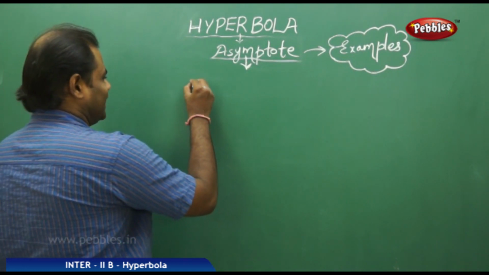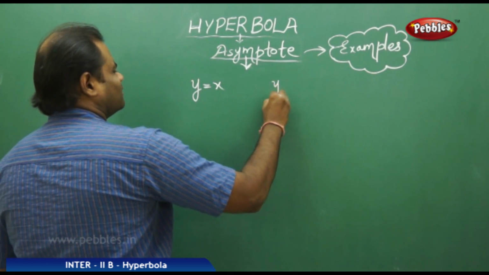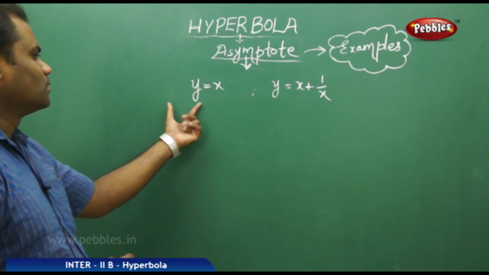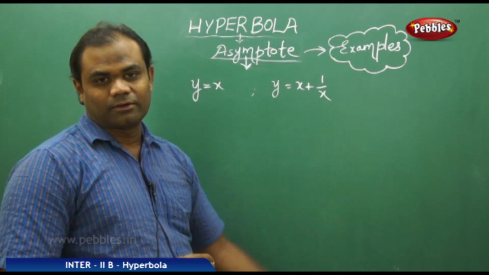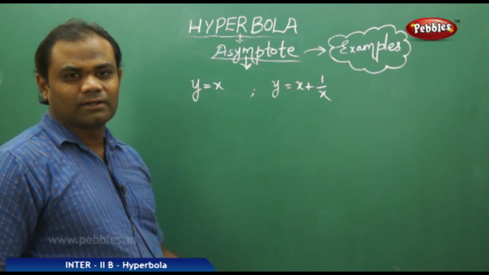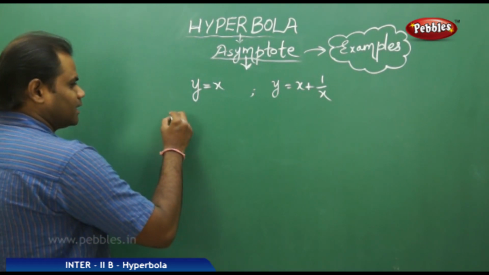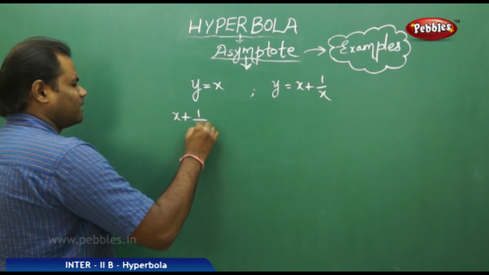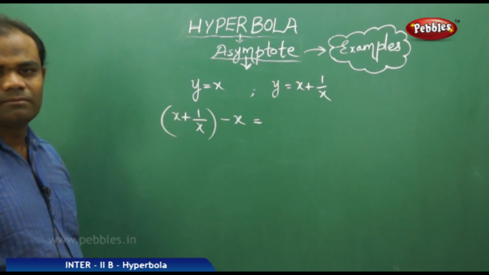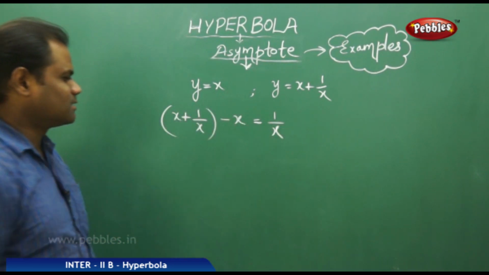Say for example, I have the line y is equal to x and the curve y equals x plus 1 by x. Then I would like to know the asymptotic behavior of this with respect to this curve. So in this case, we use the property of case 1, where a non-vertical line will be an asymptote for this curve if I consider x plus 1 by x minus x, which is equal to 1 by x, because x and minus x get cancelled.